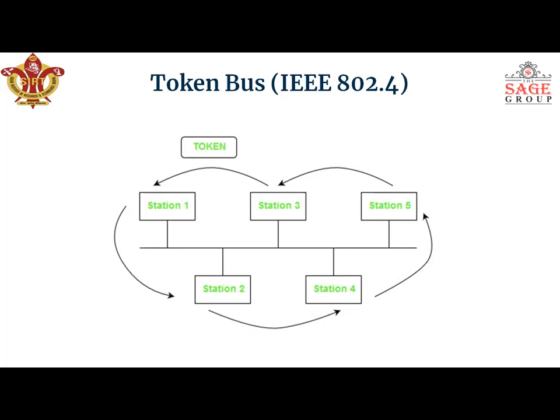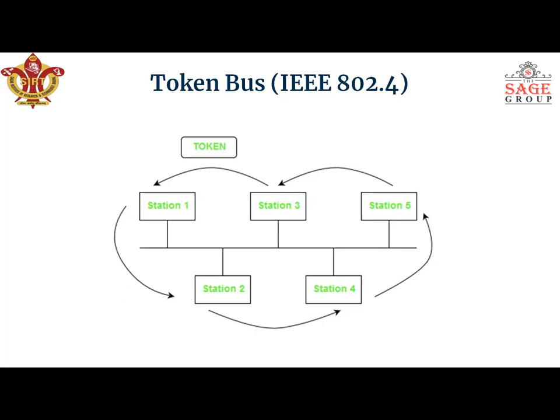The concept is that whenever any station wants to transmit data, first it removes the token from the logical ring, and it puts the data inside that logical ring.